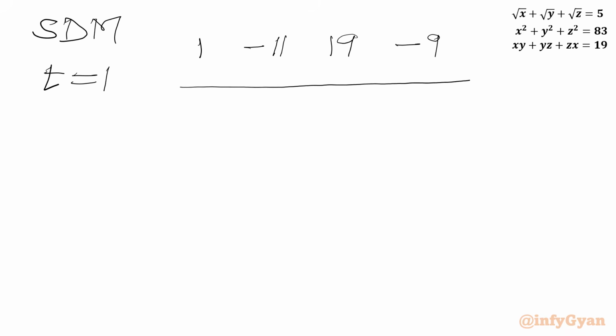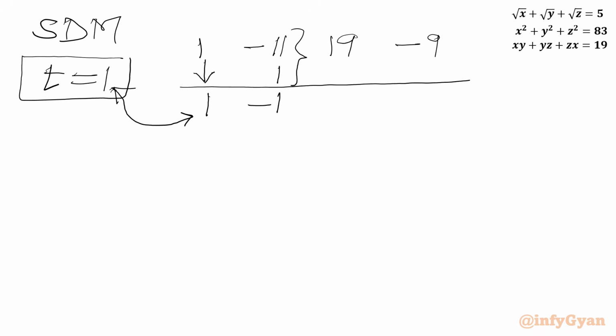We'll put one line over here. Leading coefficient would be as it is 1. Now we are going to multiply our base solution with this leading coefficient. 1 times 1 is 1. Now we are going to add these two numbers. We'll get minus 10. Again we'll multiply our base solution with this 10 with negative sign.